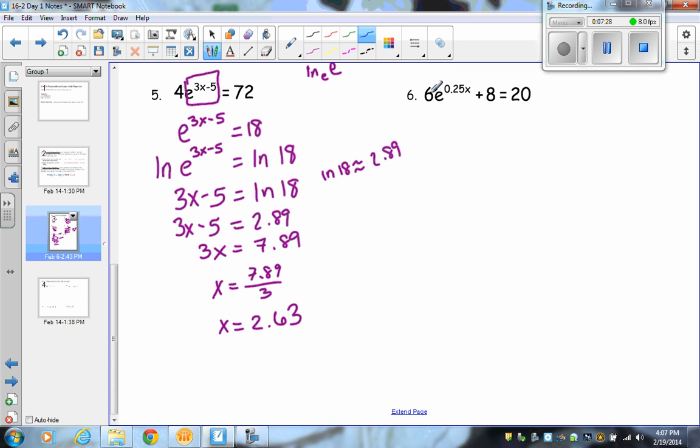Let's try another one. I see that my base here is e, so my goal is to get this whole thing by itself. The opposite of addition is subtraction, so that gives me 6e to the 0.25x equals 12. The opposite of multiplication is division, so that's e to the 0.25x equals 2. Now I'm going to take the natural log of both sides.